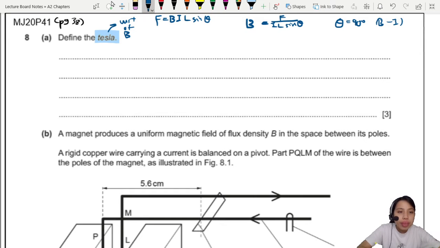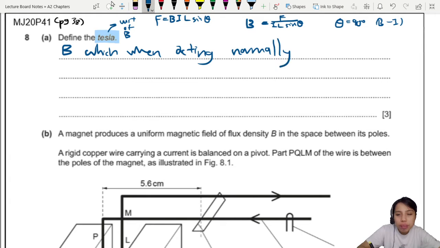You can say it is the magnetic flux density B which, when acting normally on a wire with current, the normally basically means the 90 degrees. So this means normal, or in other words, perpendicular.